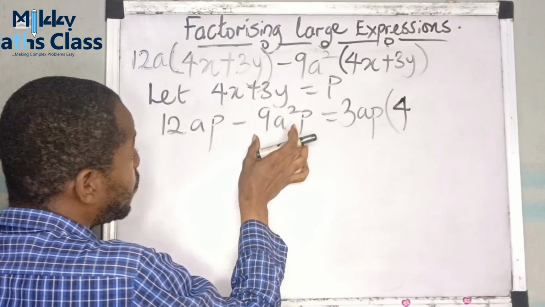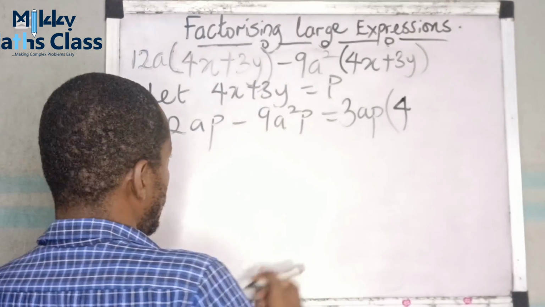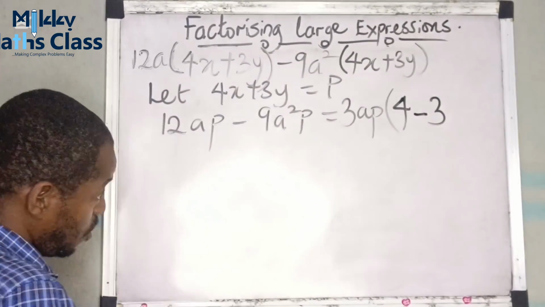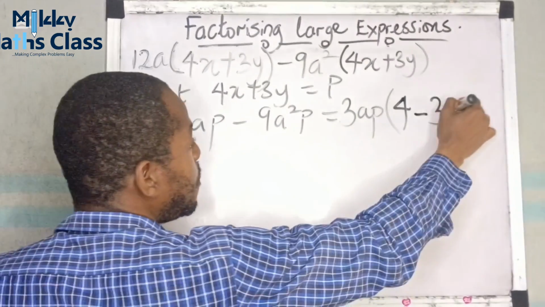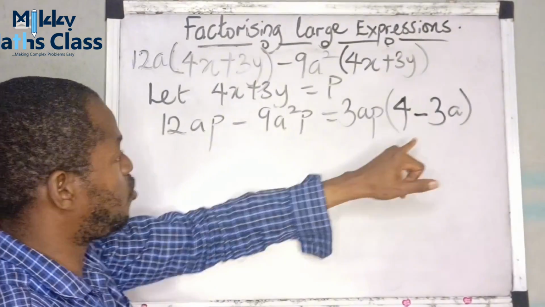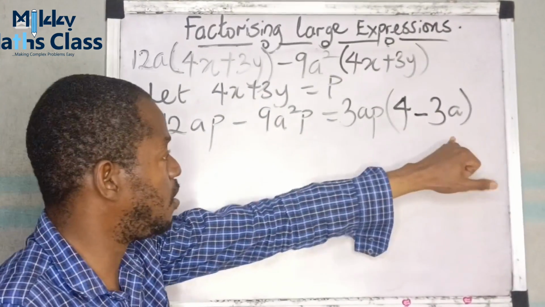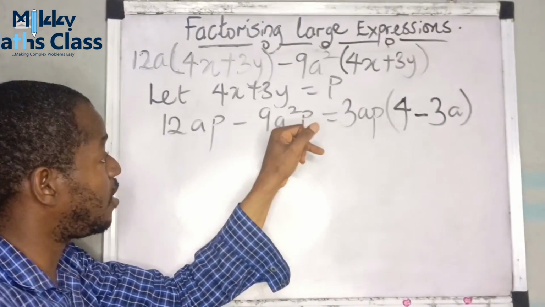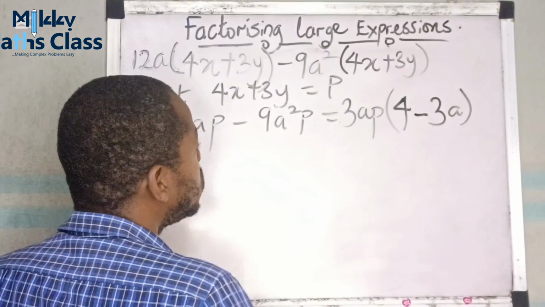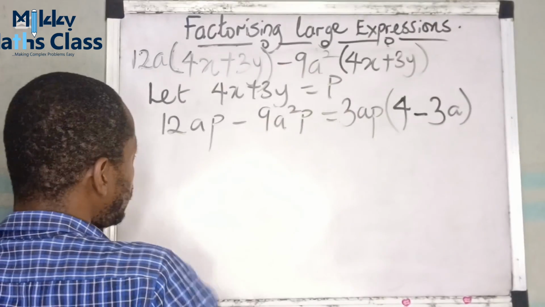Now, when I remove 3ap from here, I'll be left with minus 3. This a and this a will go off, so I'll be left with minus 3a, because if I multiply these together, 3a times 3ap, I will get 9a squared p.